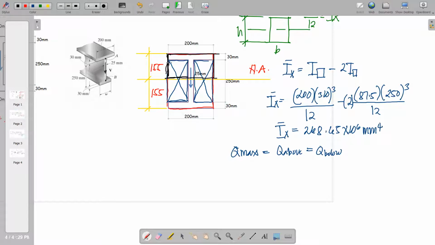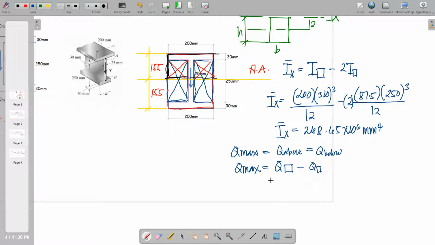minus the smaller rectangle. Remember that Q is moment of area, meaning area times distance from the neutral axis. So doing that, Q max is equal to the Q of the larger rectangle minus the Q of the smaller one.